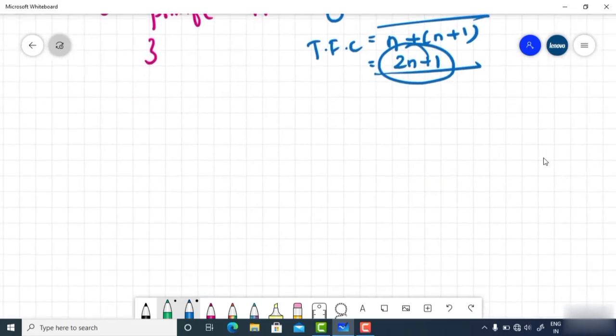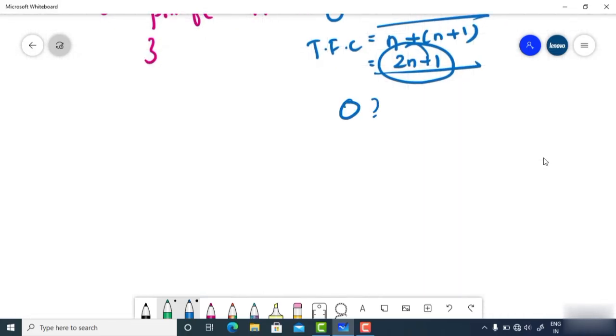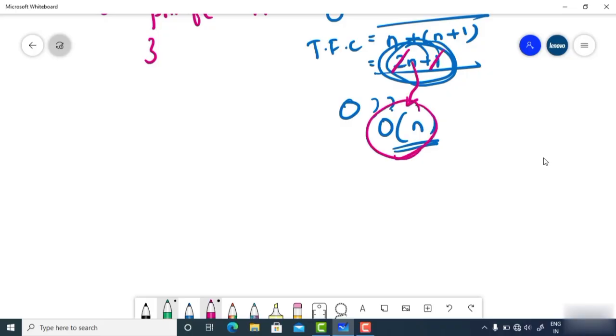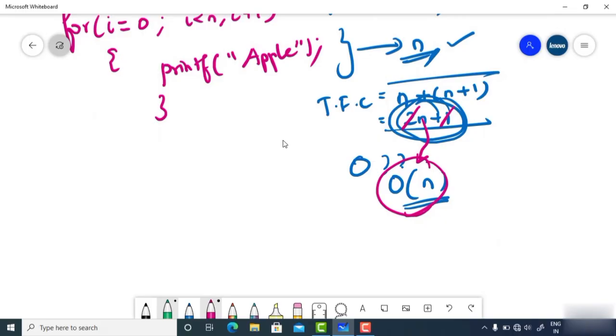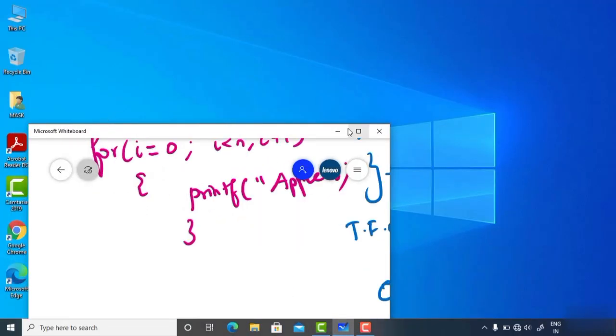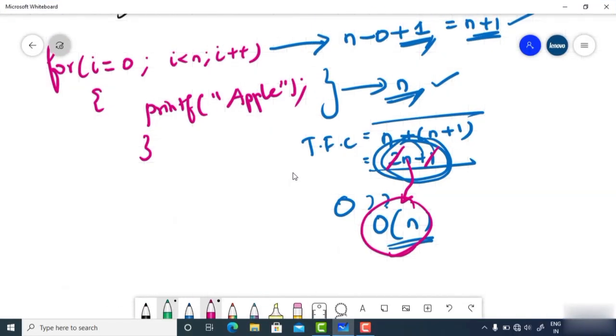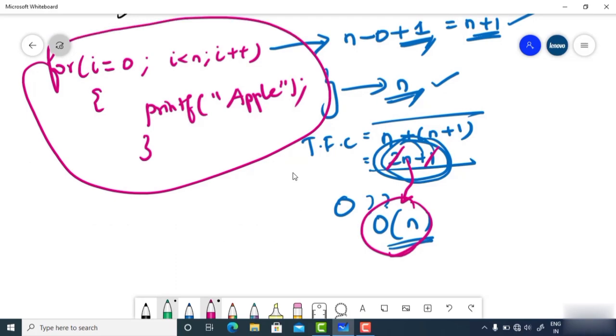And if somebody asks me what is the big O of this particular total frequency count, 2n plus 1, that is O of n. To find big O, you just have to ignore all the constants and take the n. So this particular set of code is taking O(n) time, which means linear time.